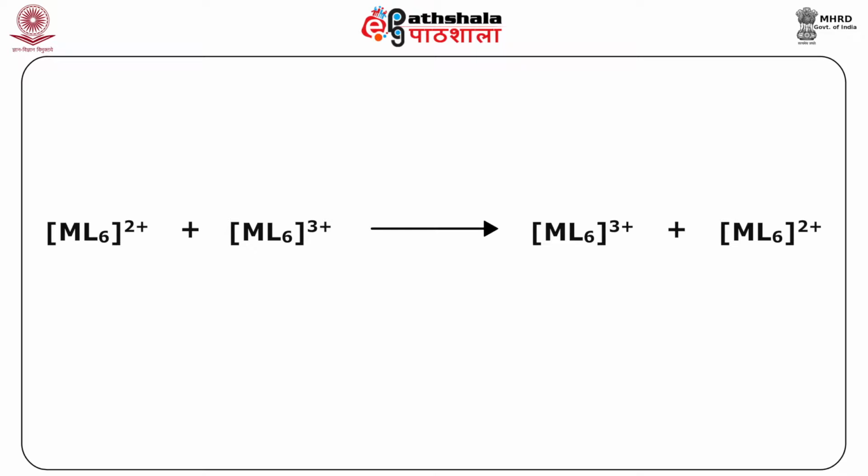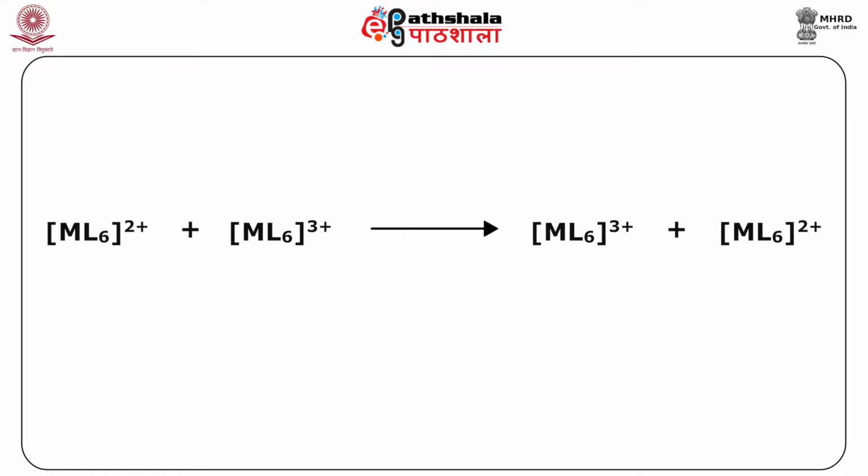Homonuclear complexes are those where both the metal ions are the same, and even the ligand molecules are the same. The example is representatively written as ML6 2+ plus ML6 3+ leading to the formation of ML6 3+ and another ML6 2+.